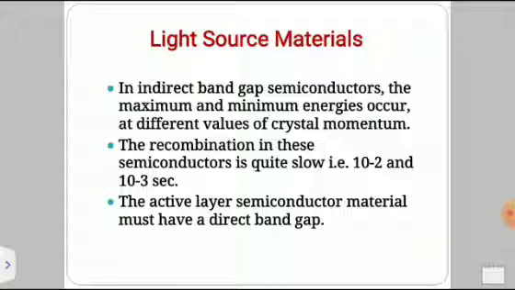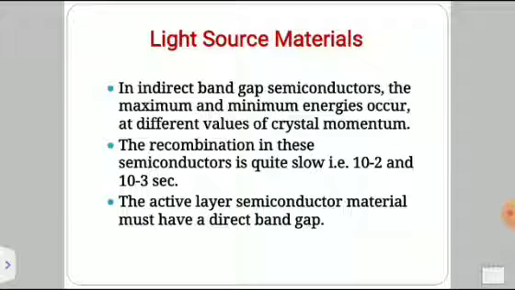So you can select any material, but the crystal momentum is very important, and the band gap energy has to be maintained. The rate at which electron hole recombination occurs is also very important, and each electron hole recombination gives one photon. The number of photons liberated for each electron hole recombination, there must be some equation, and the maximum photon energy must be liberated, so all the electron holes which are recombining must be fruitful.